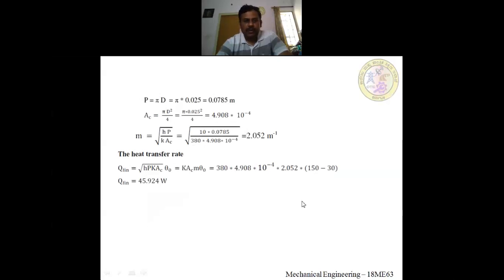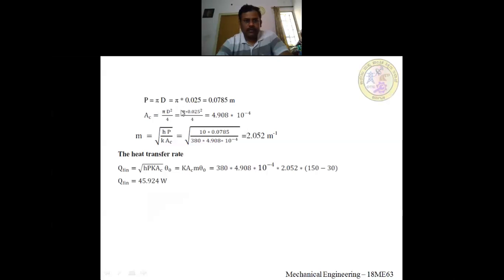You know the formula for an infinitely long fin: heat loss is given by square root of hP k Ac times theta naught, or k Ac m times theta naught. I told you k Ac m is nothing but the square root of hP k Ac.